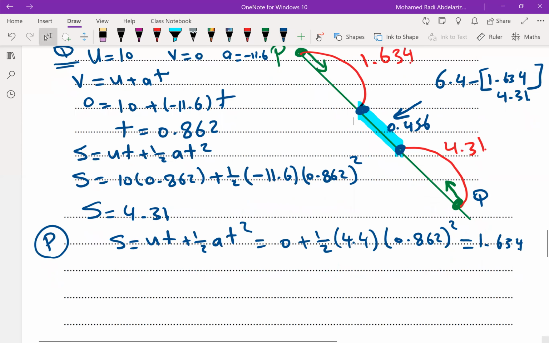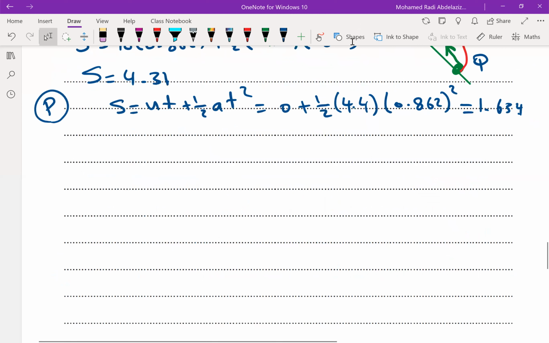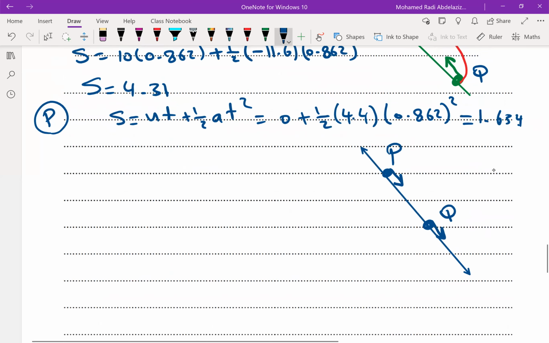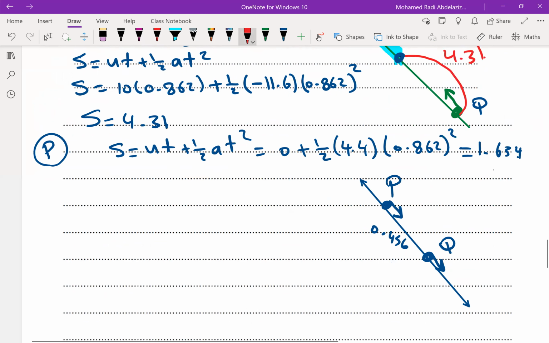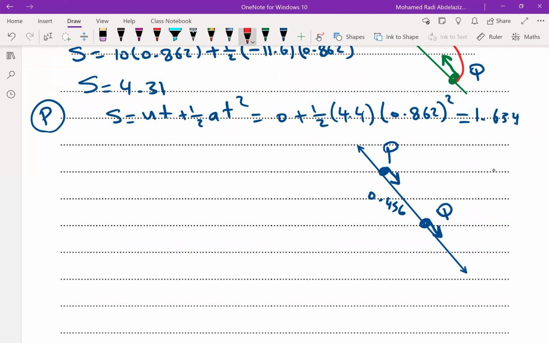0.456. Now I will show the direction of the two particles. Now we have a particle Q move in this direction and particle P move in this direction, and there is a part in between, 0.456. This means they collide when the particle P moves down and the particle Q moves down. Let's say they collide at this point.